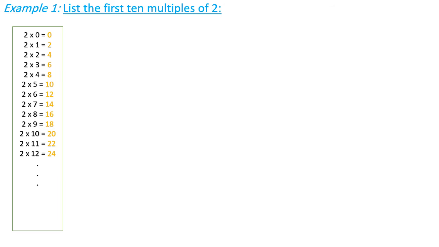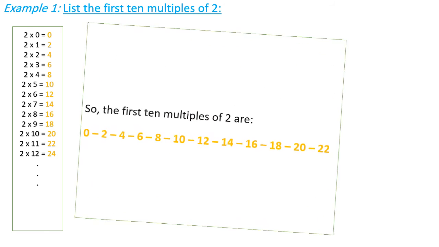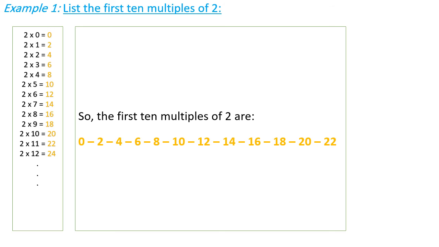The first 10 multiples of 2 are 0, 2, 4, 6, 8, 10, 12, 14, 16, and 18. We cannot write 20 and 22 and all the next multiples because you are asked to write only the first 10 multiples of 2.